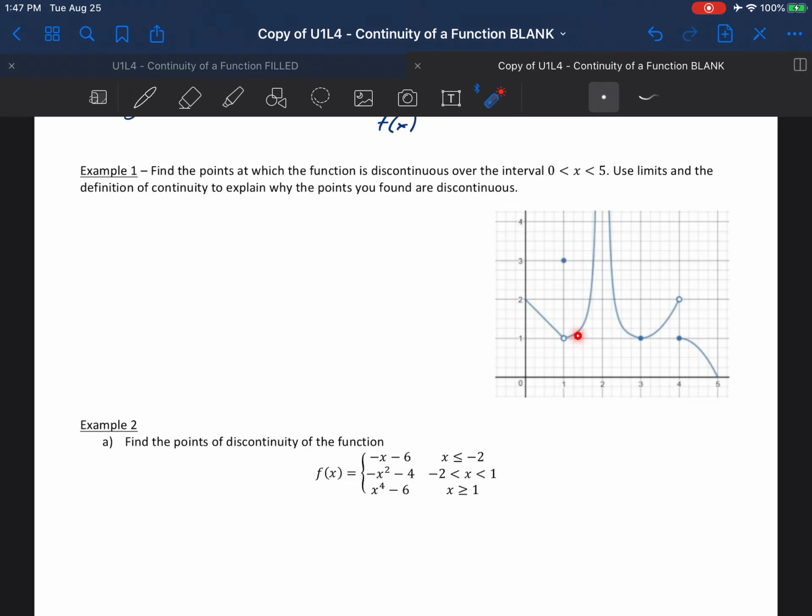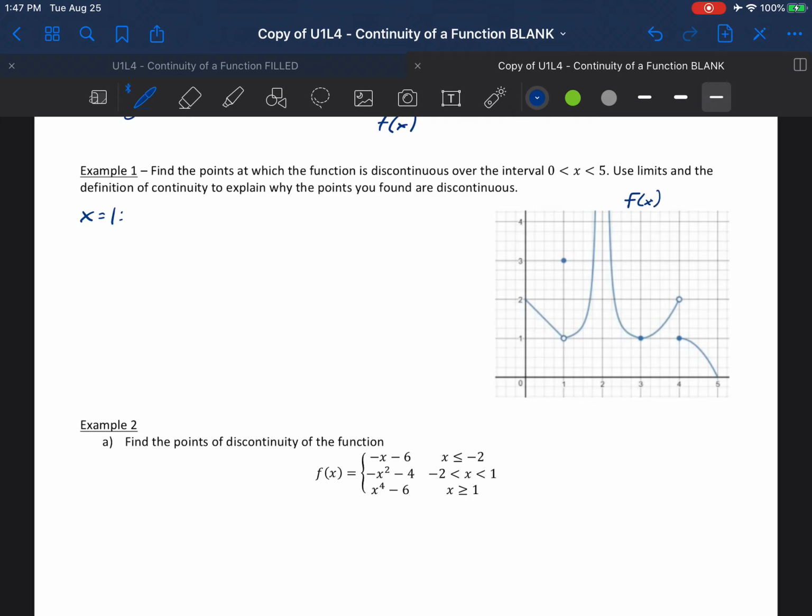All right, first problem I see is at x equals 1. Now, first, the checklist: is the function defined there? Yes, it's right there. The function value is 3. Does the limit exist there? Yes, the limit's right there. It's 1, but they're not the same. So, just to make this easier, let's call this function f of x.